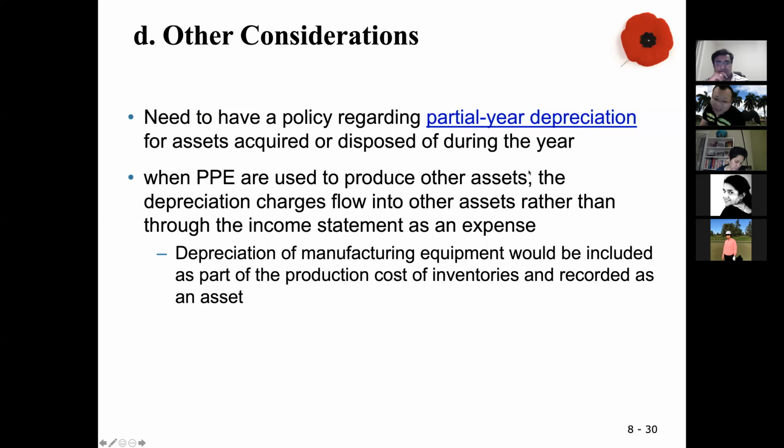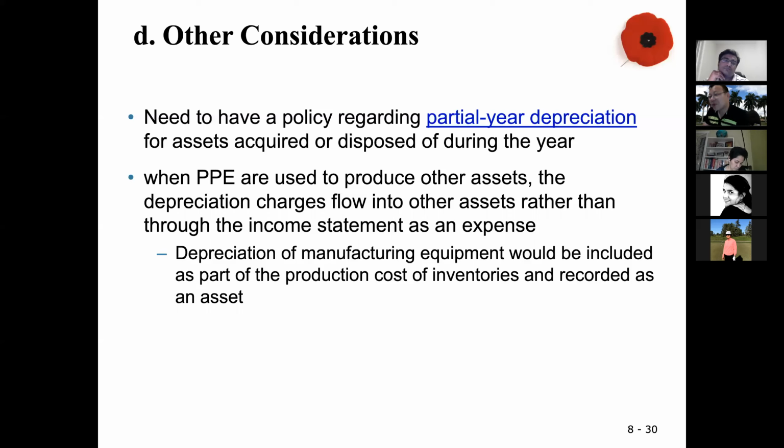And also, not all depreciation expenses go to the income statement. For example, the factory. You remember the overhead for the manufacturing company. Some of the overhead is depreciation on the factories.